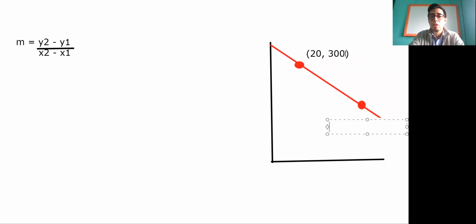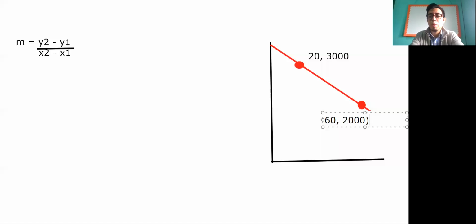It's 3,000. So I'm going to eliminate this. It's 20 and 3,000. The other one is 60 and 2,000. I'm going to complete with the parentheses. These are the points we have on the graph, okay?